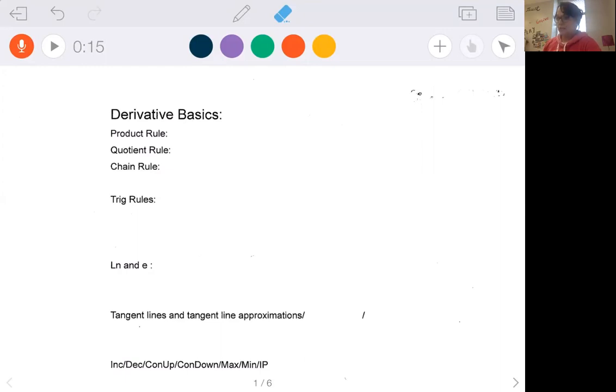Once that's done, we'll take a test on review of AB. I'll talk more about that during the week. It won't be this coming week, so don't worry about that. And once that's done, then we'll move on into our first BC unit, once we have all these other skills refreshed. So this is just the basics of derivatives today and just notes.